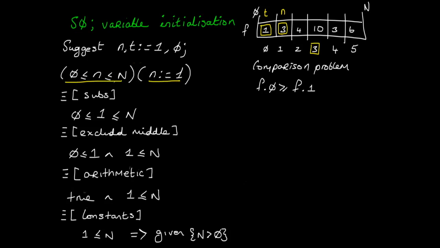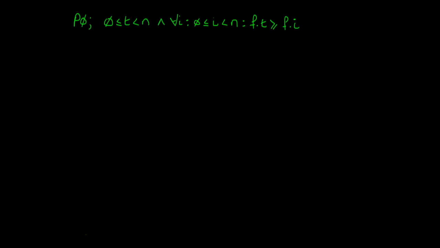So next we move on to the P0 part of our invariant, and again what we're doing here is we're substituting in, and we're suggesting again that n comma t becomes equal to 1 comma 0, except we're taking the whole P0 part now and substituting that in. So let's do that.